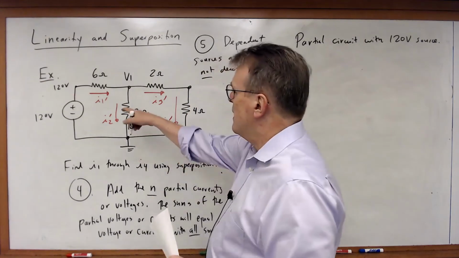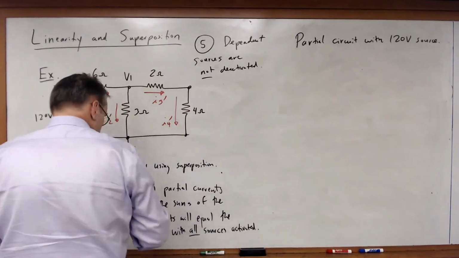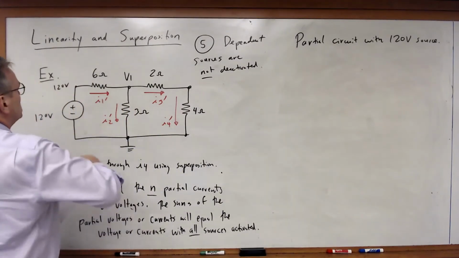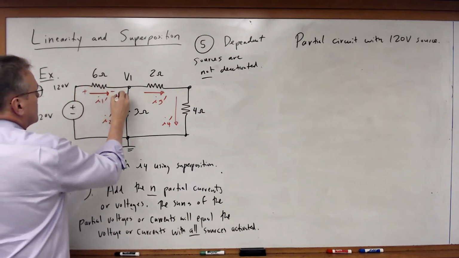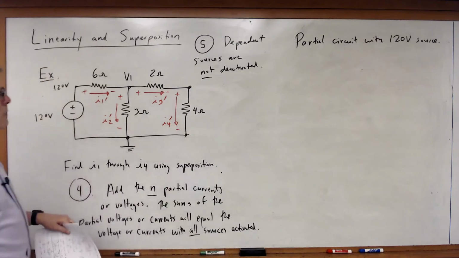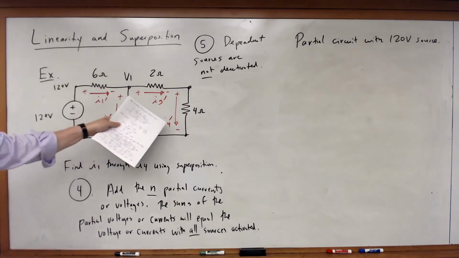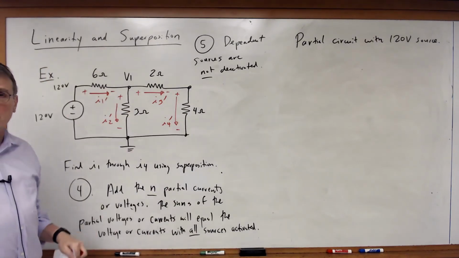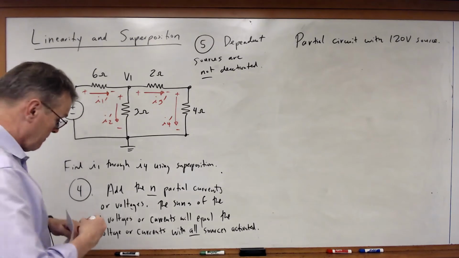And in this case, once again, I'm going to draw my voltage drops across those resistors. I'm just sticking with the directions of the currents that are already there. No point in defining them differently.